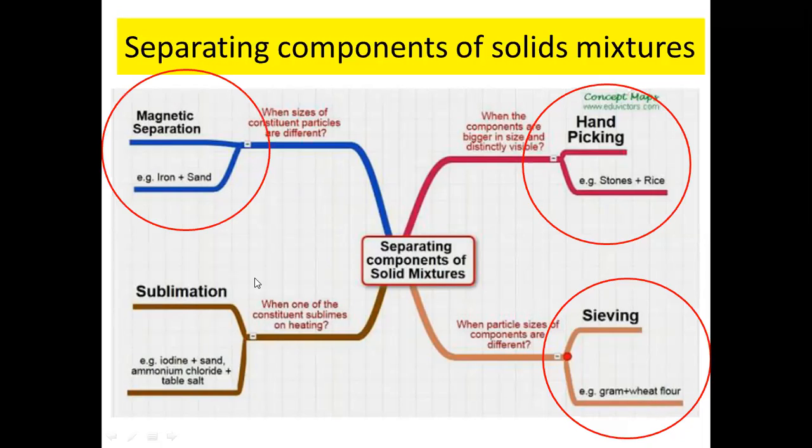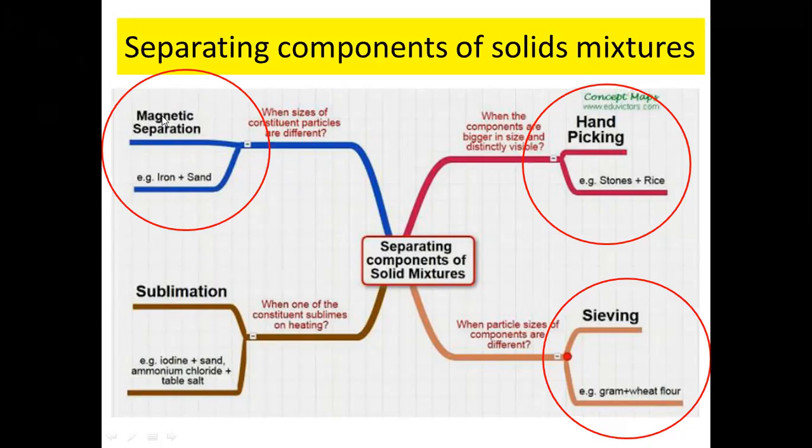The third one is magnetic separation, used when one of the constituents is magnetic. One example is iron and sand. If these two are mixed together, this is called a mixture of solids. You can also use magnetic separation at home, because the magnet will only attract the iron.